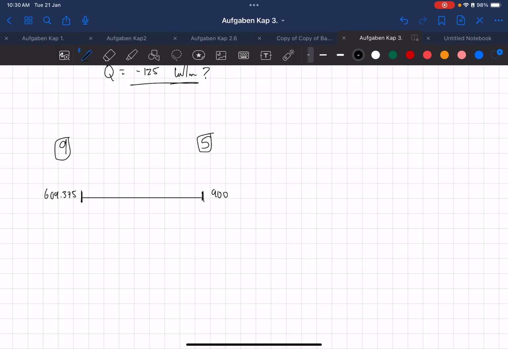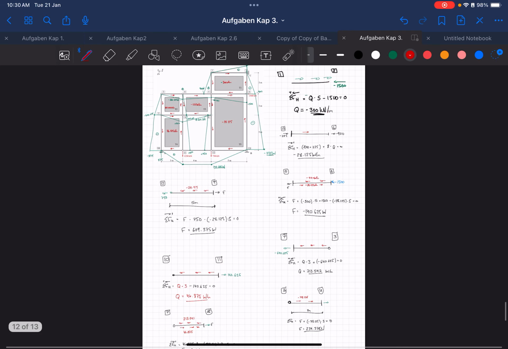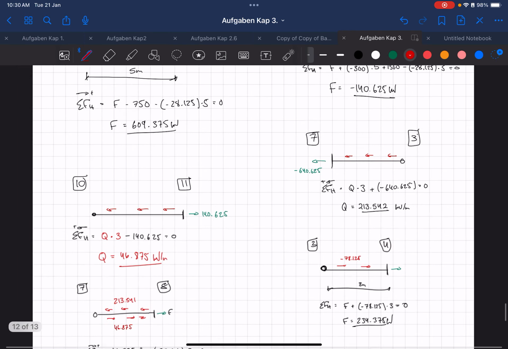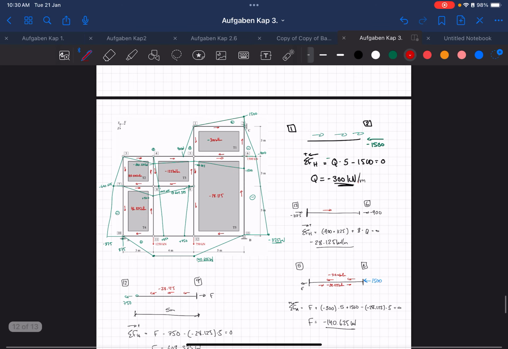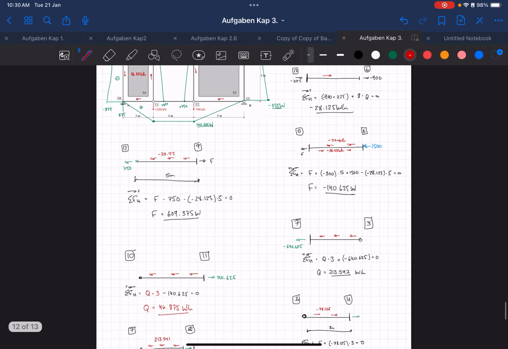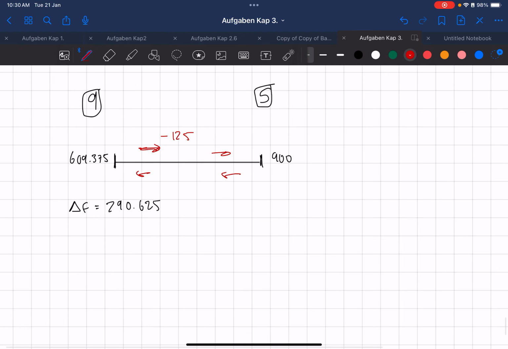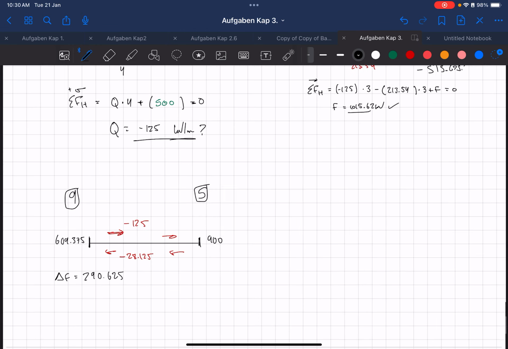So I have a delta of 900 minus 609.375. Delta F equals 290.625. And I know I have the minus 125 in this direction. And in this direction I have the minus 28.125. And it's over 3 meters.